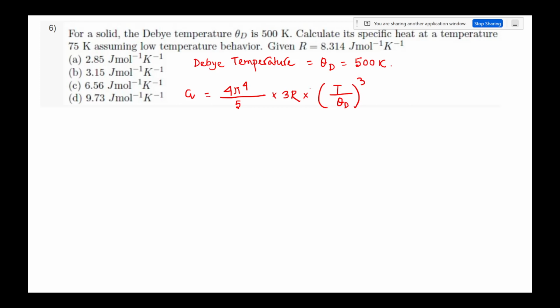So as Renuka was saying, Debye's T cube law, here you can see that specific heat or heat capacity is varying as T cube, right? So everything is given, please calculate it and tell me the answer.